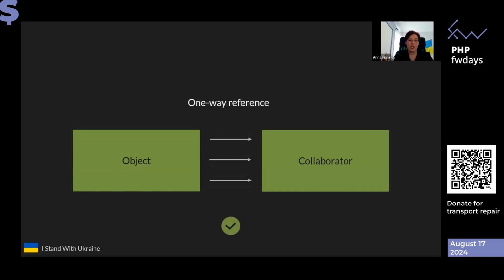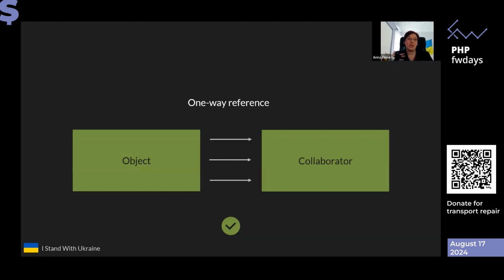The way we could change that is with one-way references. We redesign the code so that the communication only flows one way. Any logic that the collaborator needed in the object is now extracted from there and put into the collaborator. So now when we edit the object, we're not afraid of breaking the collaborator. And not just breaking it in terms of pointing to a method that doesn't exist. It's also about the state, right?